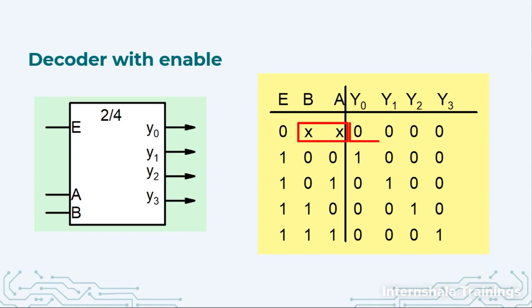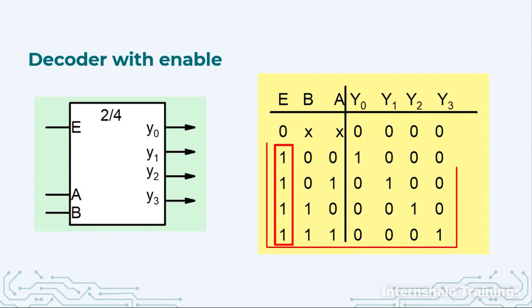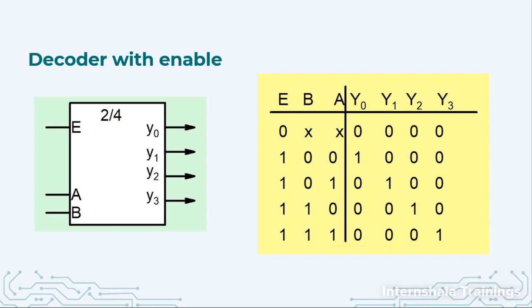In all these cases, all the 4 output variables are 0. And when E is equal to 1, then again we have 4 cases, and there we are having the normal functionality of a decoder which we have already studied.